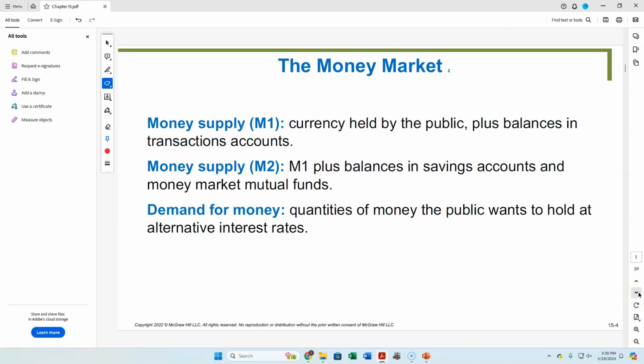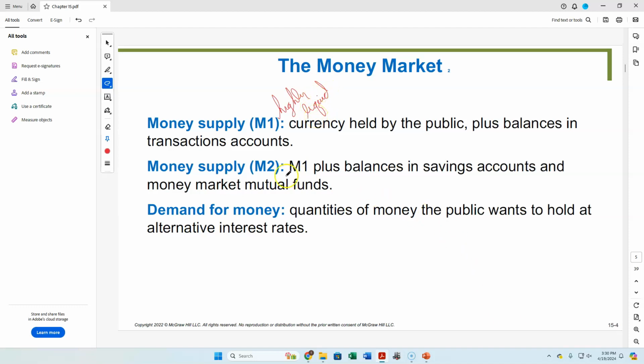So we need to start off by talking about what we mean by the money supply. And for this, we get definitions that go from M1 and M2. So M1 is the forms of money that are highly liquid, meaning that they are basically cash.